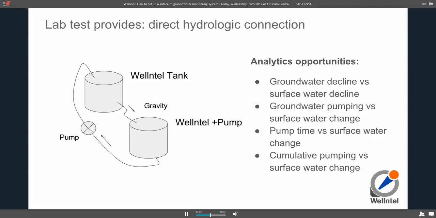So the change is going to be an increase in water level in the tank as opposed to a decrease, which is what we might see if we were naturally coupled in the real world. We can measure pump time versus surface water change. In other words, how many minutes of pumping did it take before we actually saw a connection between systems? And we can add up cumulative pumping versus surface water change.